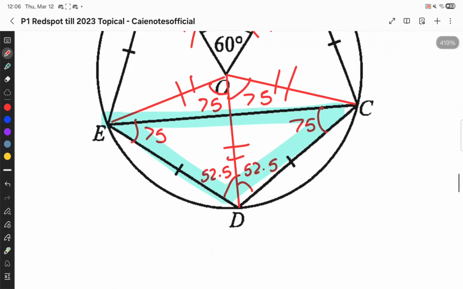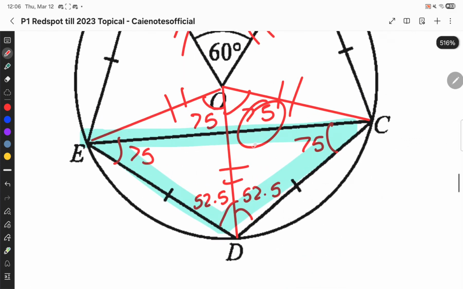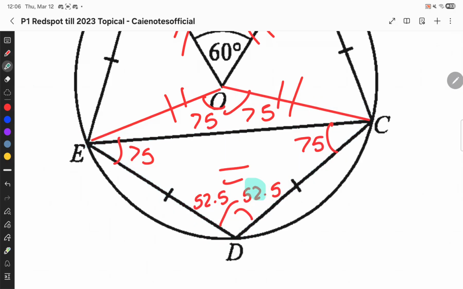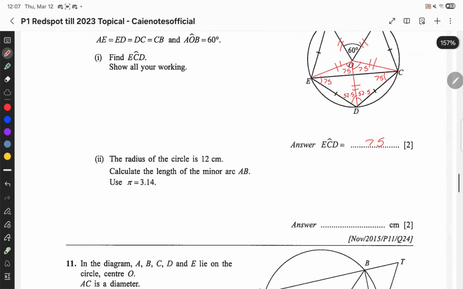Okay, and that's how you get this. You use this isosceles triangle to find this angle, then you double it, and give it to the next person. The next person is two people, which make an isosceles triangle, and then we find the remaining angle, and then we find the thingy.